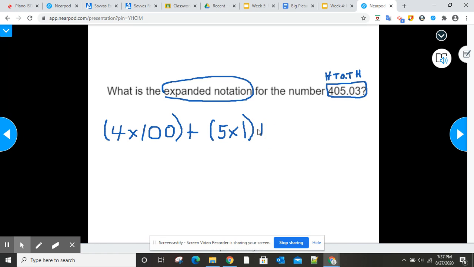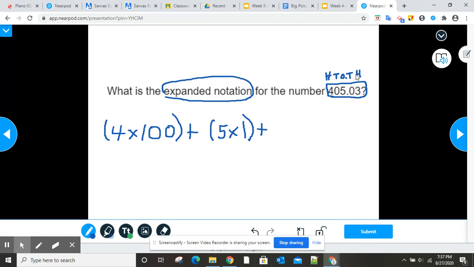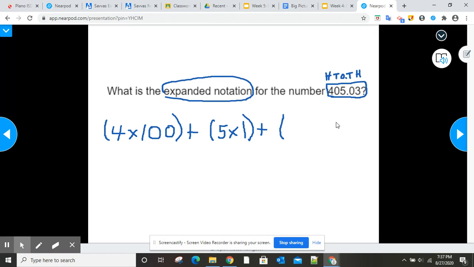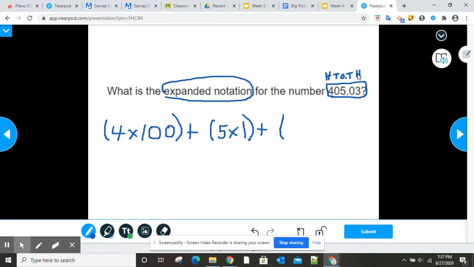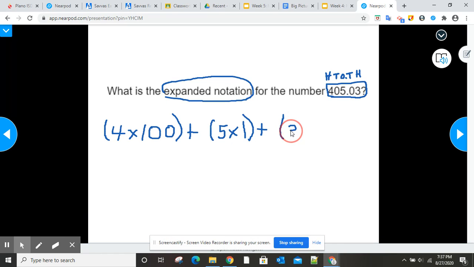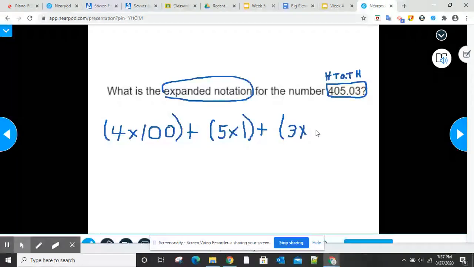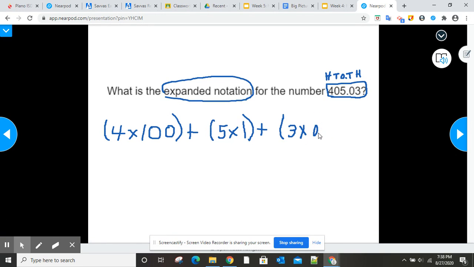Then I'm adding. Again, here's a 0 in my tenths. I could write it 0 times 0.1, which is 0, or I can leave it off. Either way is correct. Then my 3 is in the hundredths. So 3, this is where this gets tricky, times 0.01.